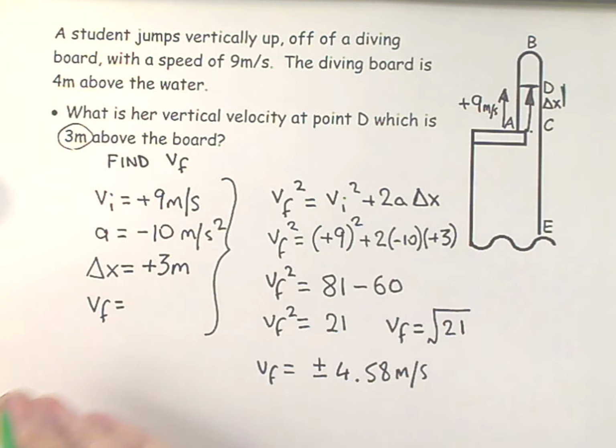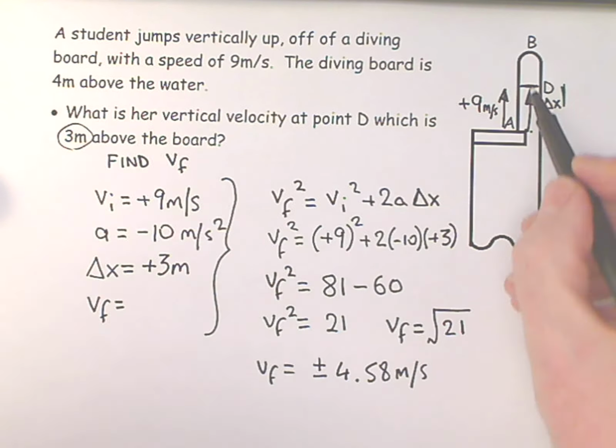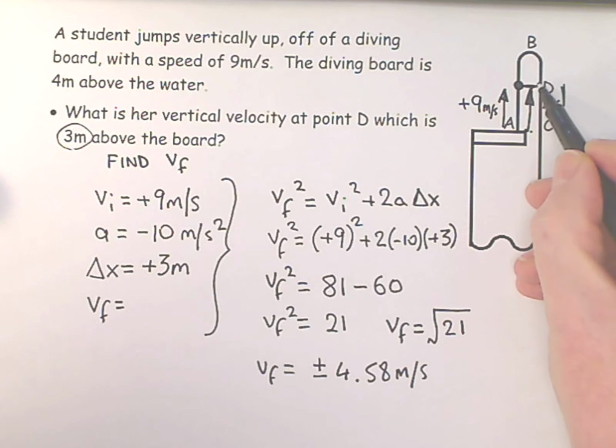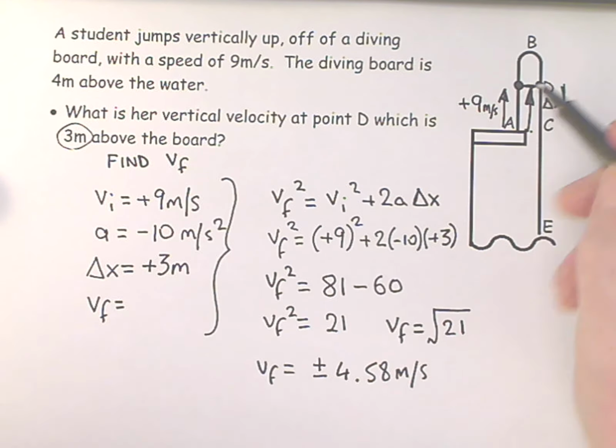Oh, actually, I must apologize. Point D could be here, or point D could be there. If point D is on the way up, then it would be plus 4.58 meters per second. And if point D is on the way down, then this would be minus 4.58 meters per second. I think by my diagram, D is on this downward track.